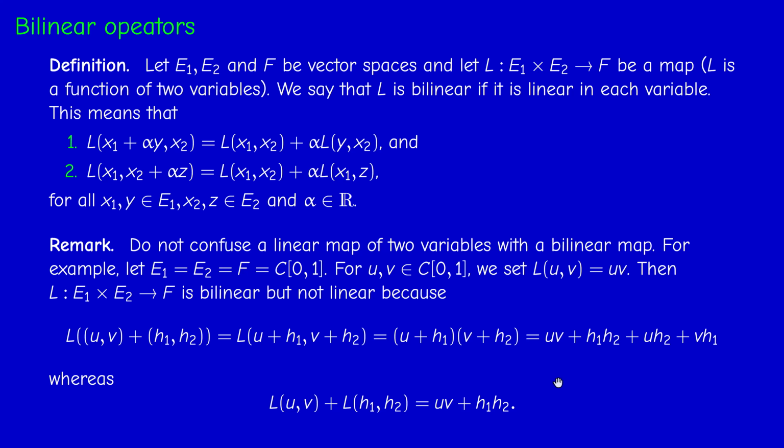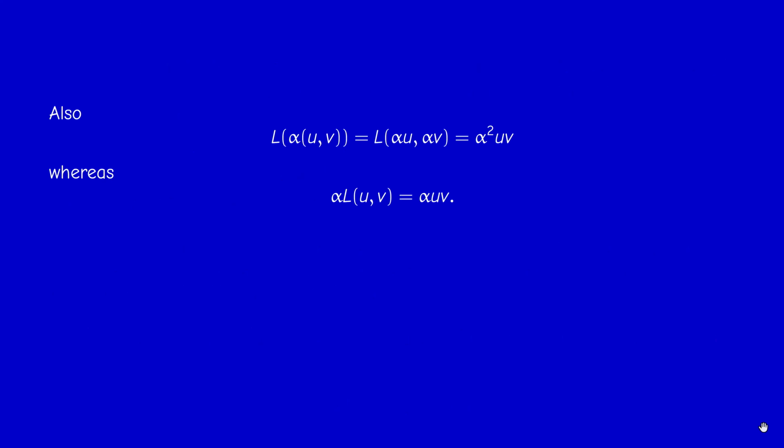This is very important. Also, L of alpha times (U,V) will be alpha squared UV, whereas alpha times the image is just alpha UV. So when alpha is different from 1, these two are not the same. So do not confuse a bilinear map with a linear map of the couple.